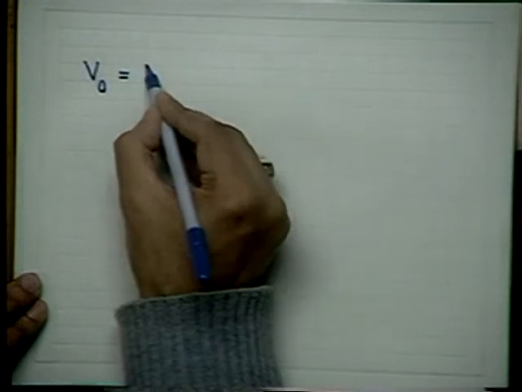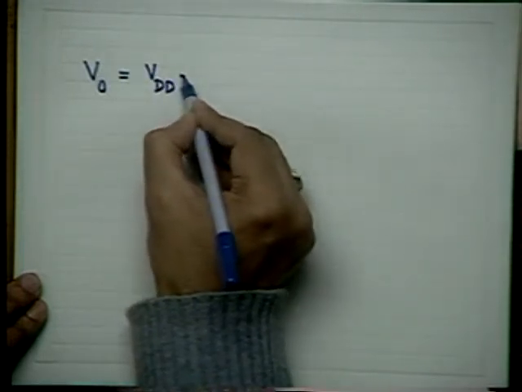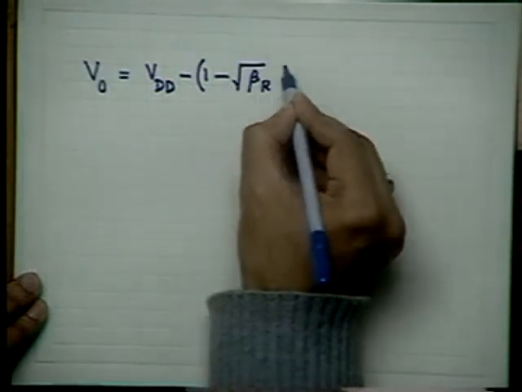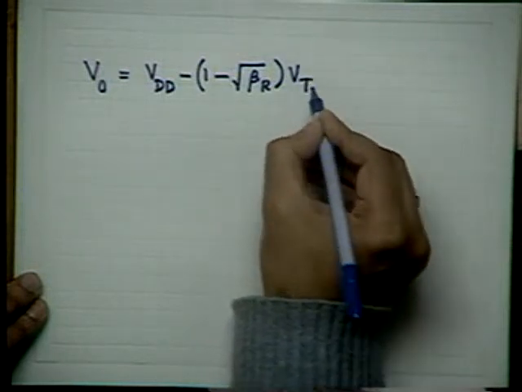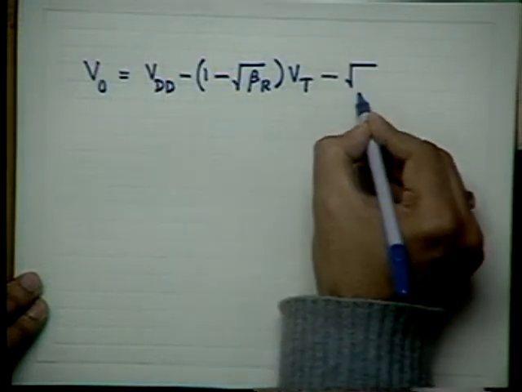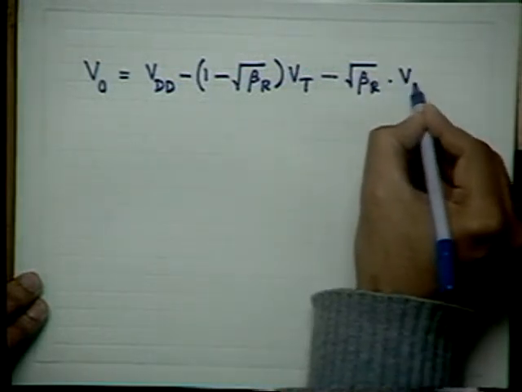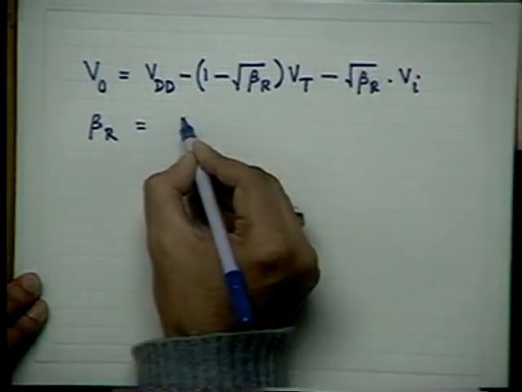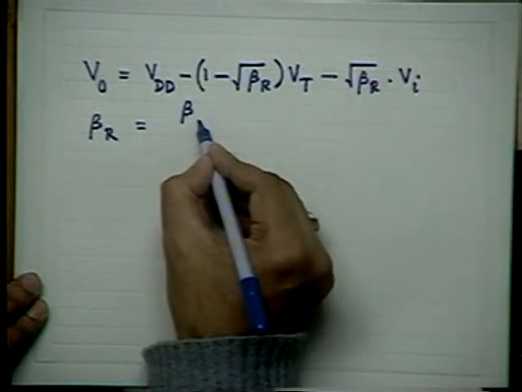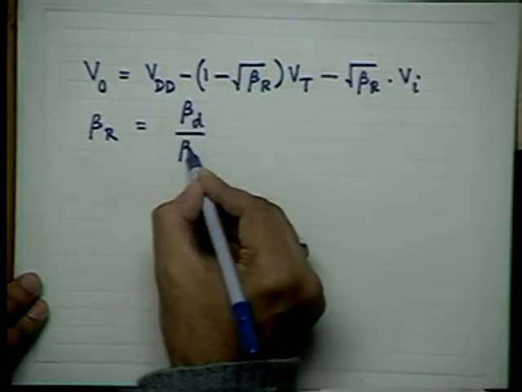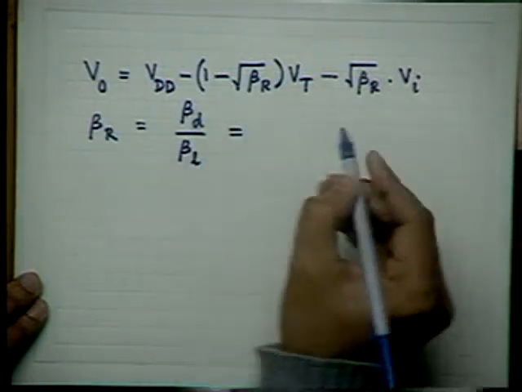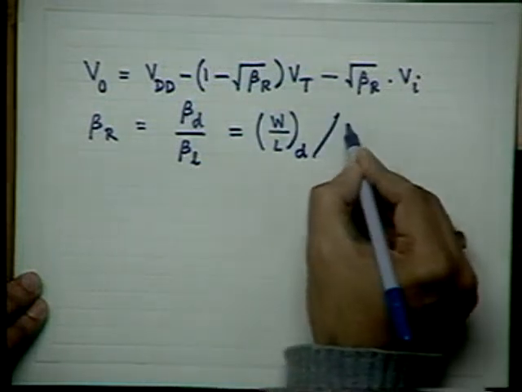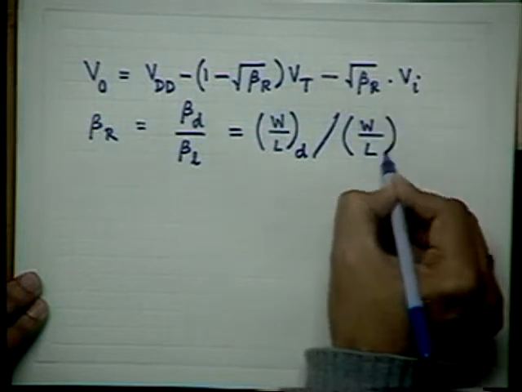VO is simply given by VDD minus (1 minus root over beta R) VT minus root over beta R into VI, where beta R is already defined, which is nothing but beta D divided by beta L, and which is effectively W by L of driver divided by W by L of load.